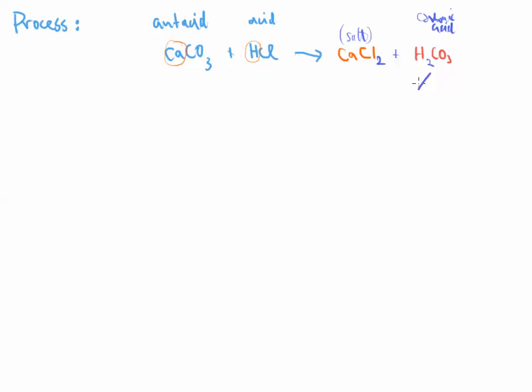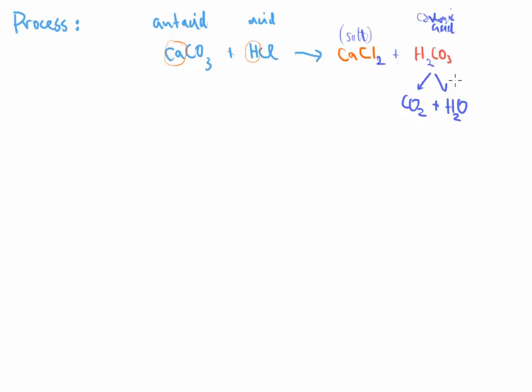Well, the story with carbonic acid is that it doesn't stay around long at all. Carbonic acid breaks down, and it breaks down into CO2. So take out the carbon, take out 2 of the oxygens, and what I'm left with are 2 hydrogens and 1 oxygen. So this breaks down to CO2 and water.